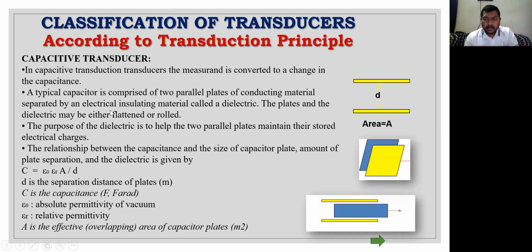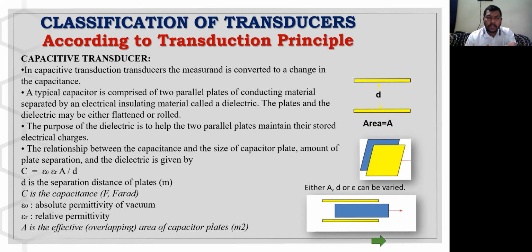Epsilon can also be varied, so the non-conducting medium can be varied, and accordingly we can have different types of capacitors. If you put paper between these two plates, we have a paper capacitor. If air, then an air-filled capacitor. If you put oil, then we have an oil-filled capacitor. So we can change the non-conducting medium and have different sorts of capacitors accordingly.